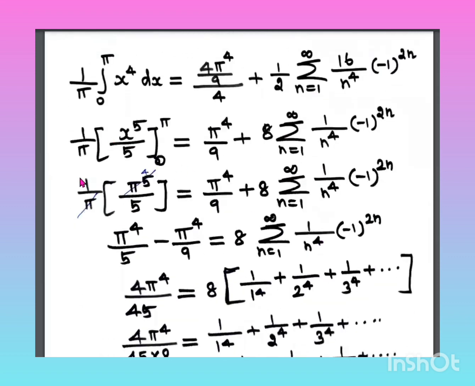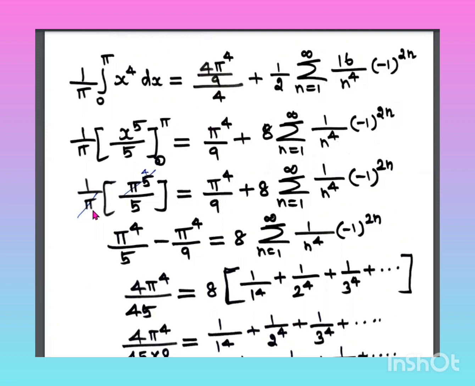Now we have to expand. 1 by pi, integration of x power 4, x power 5 divided by 5, the limit is 0 to pi, which is equal to 4 pi power 4 by 9 whole divided by 4. 4 cancels, so pi power 4 by 9, plus 16 divided by 2 will be 8, summation n equal to 1 to infinity 1 divided by n power 4 minus 1 power 2n. On the left hand side, instead of x, apply the upper limit pi.